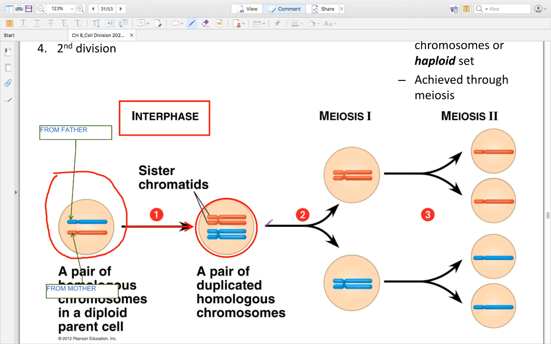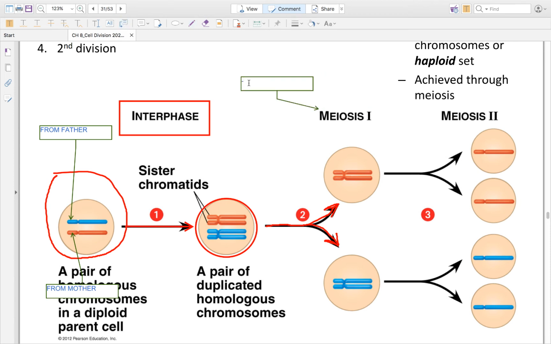Then the first split happens, called meiosis 1, and it's going to separate homologous chromosomes. That is a key factor.